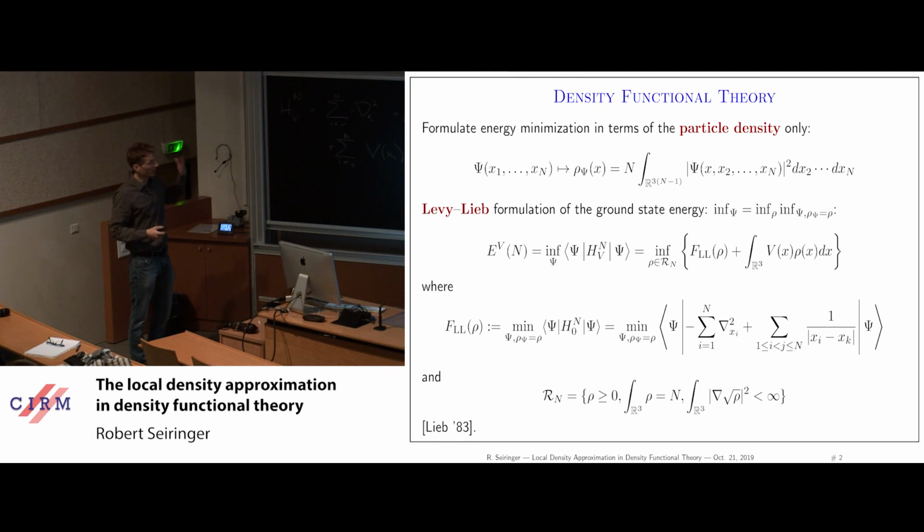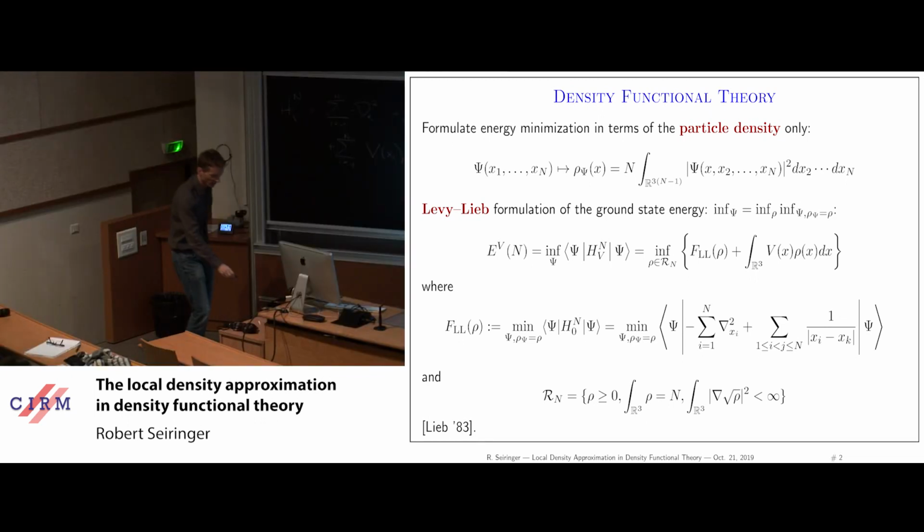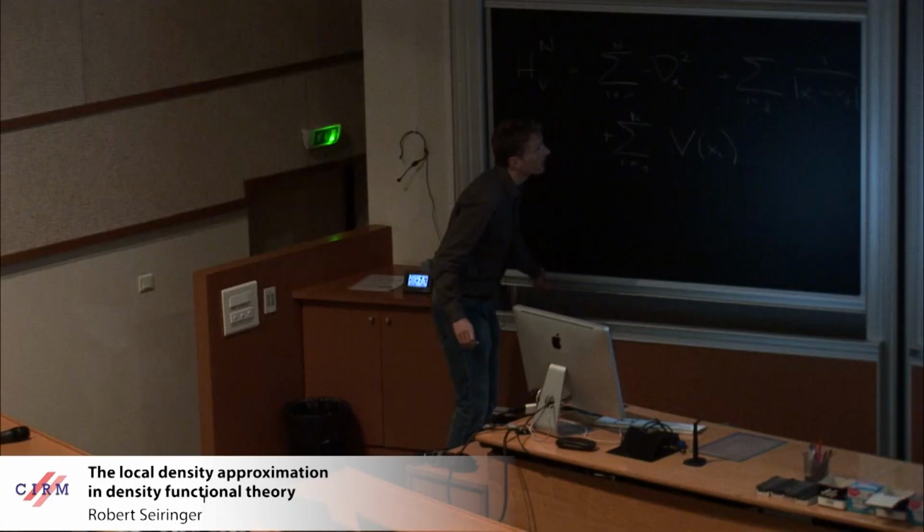Then it's easy to see that we do get a convex functional, because then you're minimizing over a convex set. So we minimize over mixed states, and then we also mix over particle numbers, so we really do it grand-canonically. So maybe I'll write this down here.